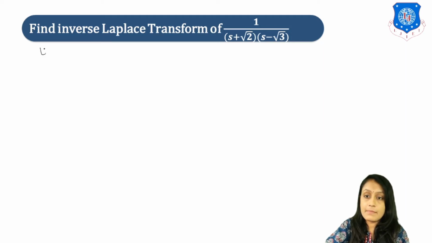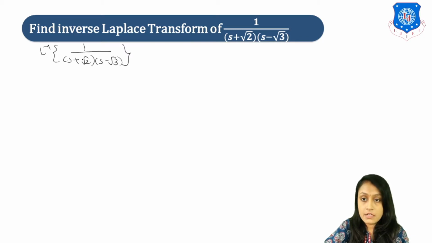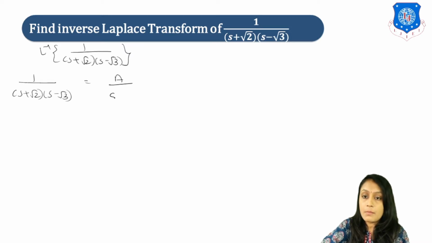Now we have to find the Laplace inverse of 1 upon (s plus under root 2)(s minus under root 3). Now you can see we have two linear factors and both are different. So this 1 upon (s plus under root 2)(s minus under root 3), we can write as A upon s plus under root 2 plus B upon s minus under root 3.